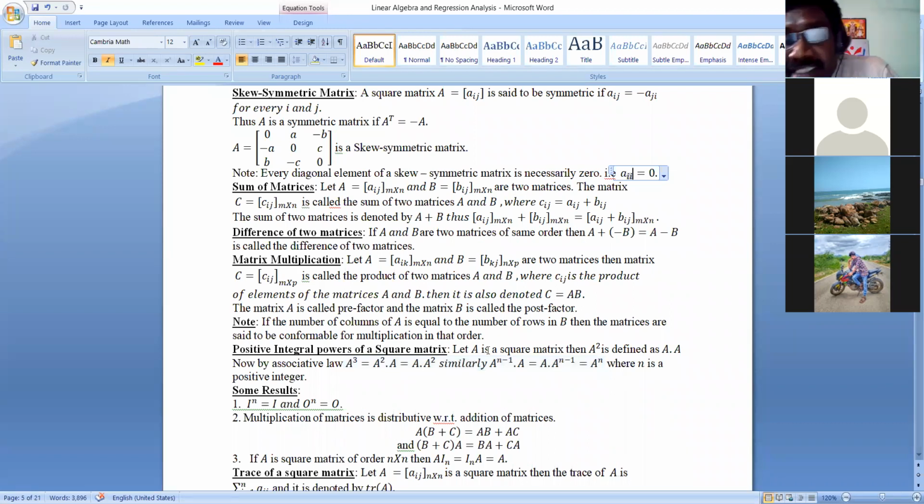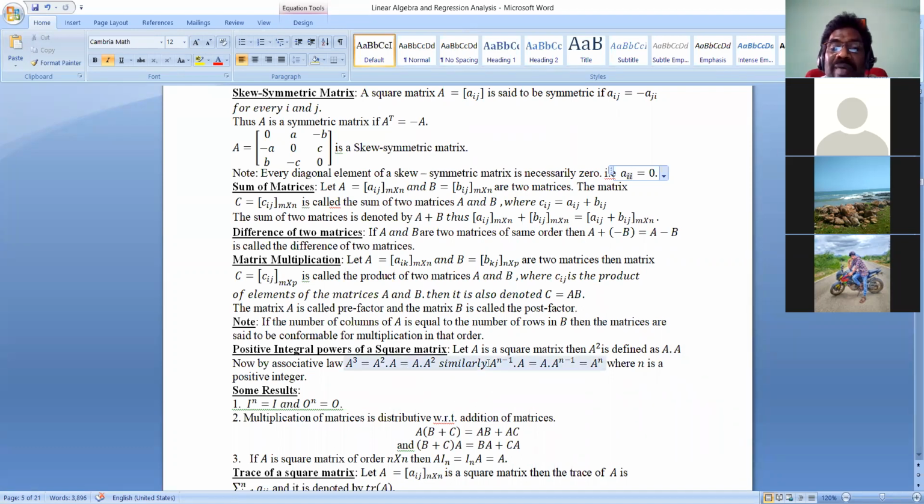If capital A is a square matrix of any order, then the positive integral power of this matrix is defined as A square equals A into A. By the same way, A cube equals A square into A, or A into A square.